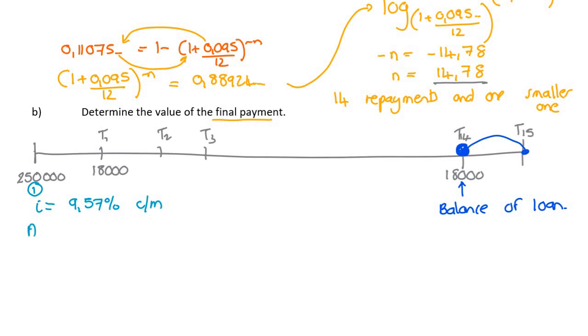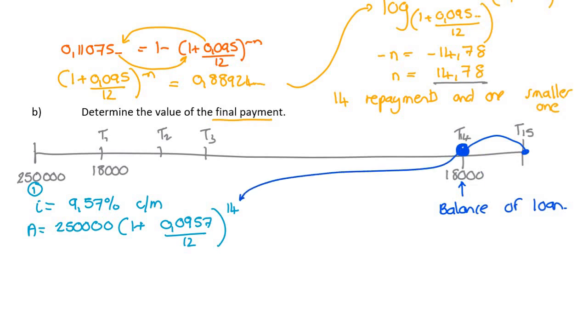So my first step is to say, right, 250,000 Rand, and I'm adding interest at 0.0957 compounded monthly, and I'm going to do 14 months, because remember, it's balance of the loan on the day you make your last full payment. So my loan would be an amount of 279,406 Rand, and I'm not going to round this off, 5,994. Okay, so that's how much my loan would have been if I hadn't paid off a single cent.